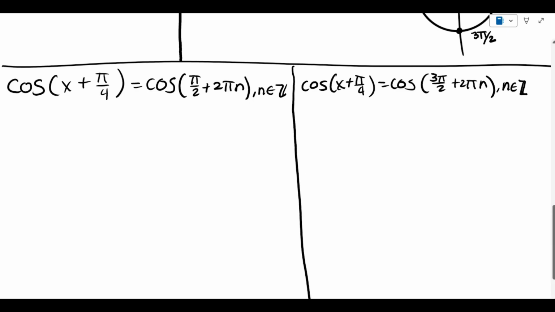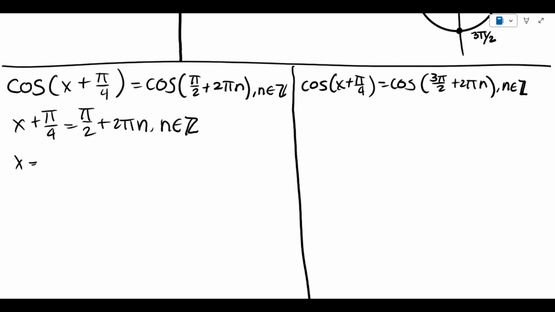So let's solve it. We set the insides equal, so x plus pi over 4 equals pi over 2 plus 2 pi n, where n is an integer. So x, subtracting pi over 4 on both sides, we get pi over 2 minus pi over 4, which is pi over 4, plus 2 pi n, where n is an integer.